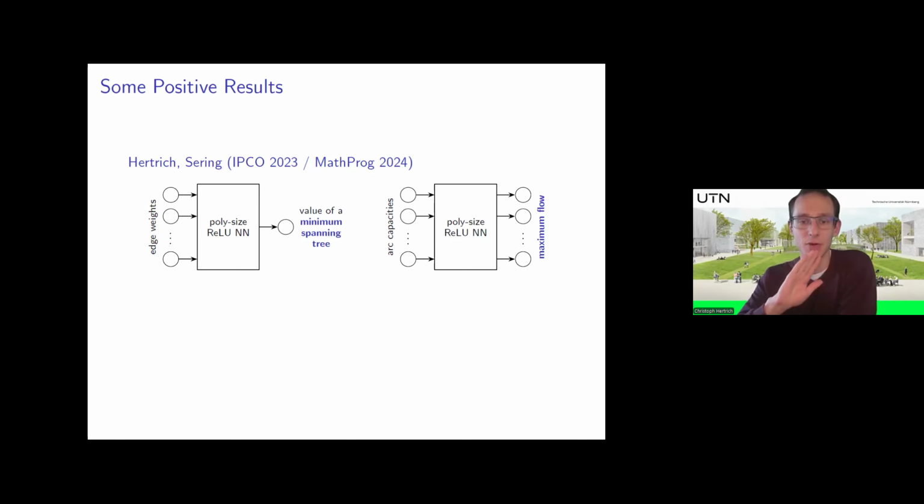And this was actually more tricky than I thought in the beginning because a neural network can basically only do two things. It can compute maxima and linear transformations, and that's it, more or less. So if you want to prove that some problem can be solved with such a neural network, you need to find an algorithm that only uses maxima and linear transformations.